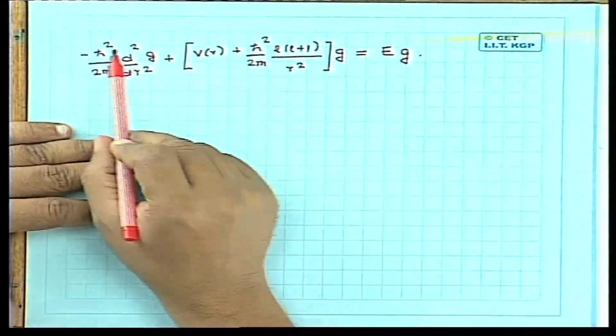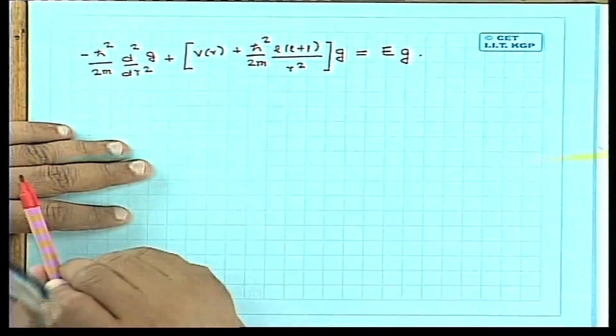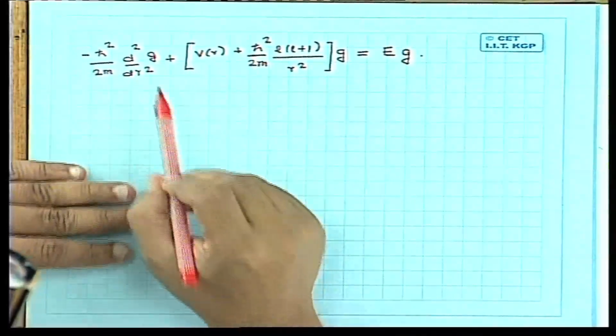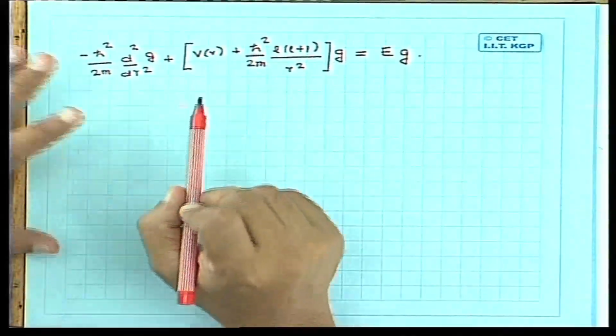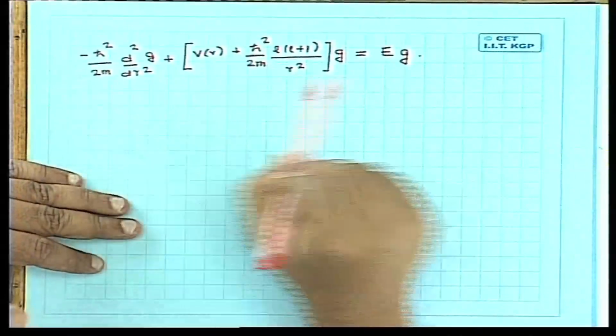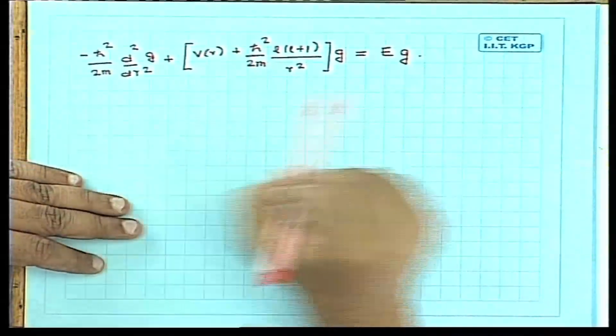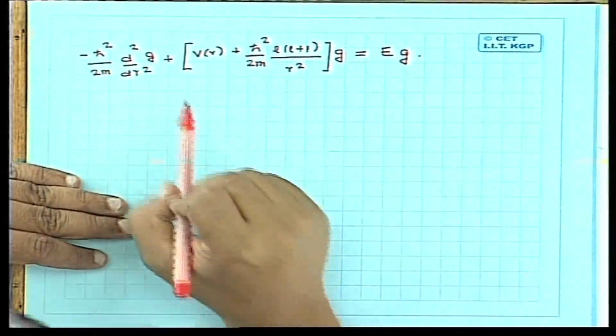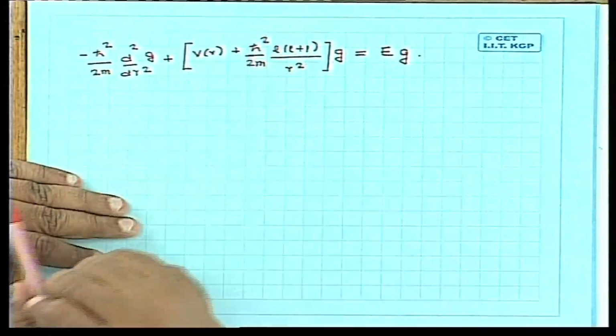Then we made some substitution and we finally obtained this equation. It is a 1-dimensional equation and it looks like a 1-dimensional Schrodinger equation for a particle which is there in a 1-dimensional potential, which is just a function of r.